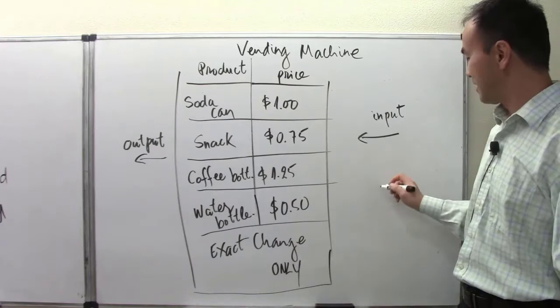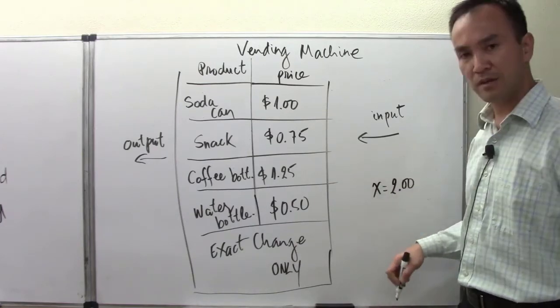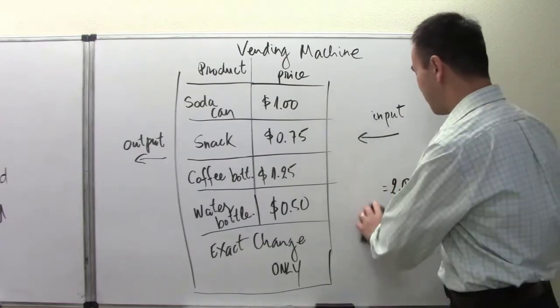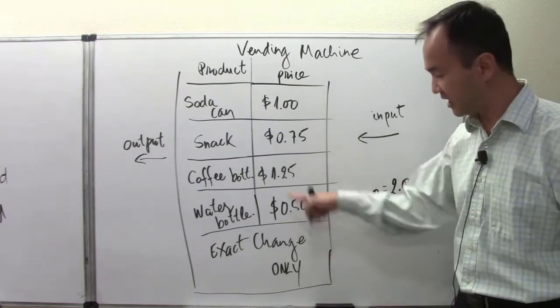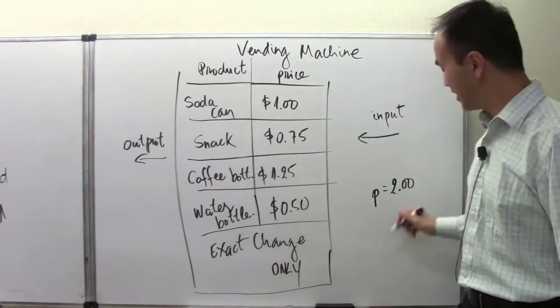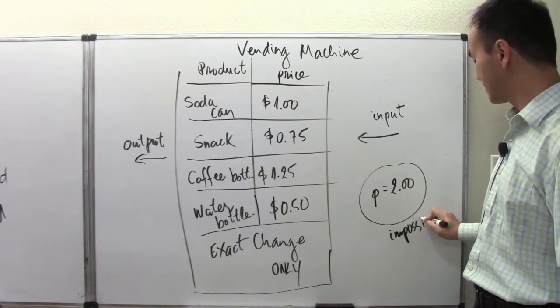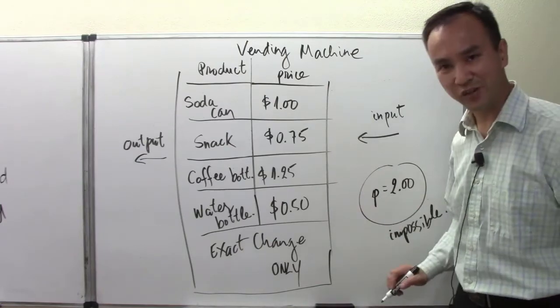So if you're giving x equals 2, meaning you're providing a price of exactly $2, this machine does not give exact change, so it won't know it. In other words, this is impossible for the machine to take right here.